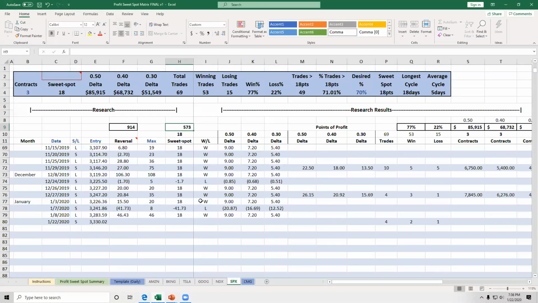And on the S&P 500, if I want a 70% win rate, since January 2019, if I was trading 3 contracts and I'm trading a 40 delta, I've got a 70% win rate, and I can trade 3 contracts and make $68,000. And that's just taking 69 trades over the course of now nearly 12 and a half months. So I think that's a very powerful statement, to just take the action that is necessary and don't second guess it.